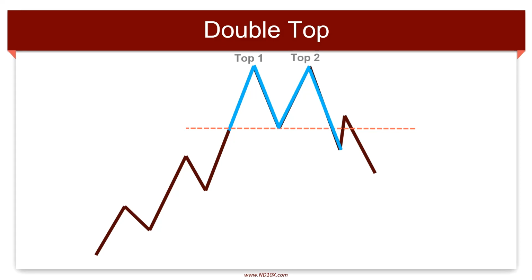In my head, that was always easier to remember compared to saying it's a double top. I would always say it's an M formation. Now, the point here that you need to take into account is that it's not always going to be perfect, with top number 1 and top number 2 ending at exactly the same level. In most cases, especially in the Forex market being so volatile these days, you are going to see a small difference.